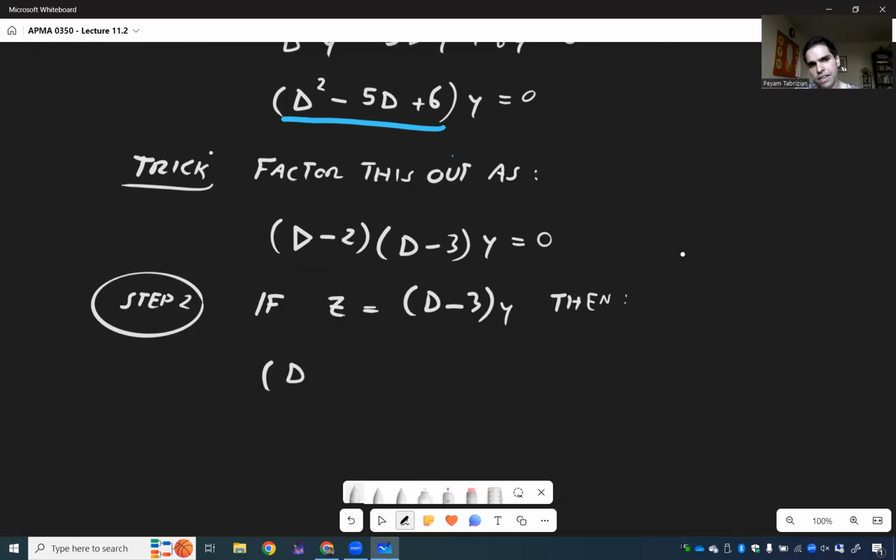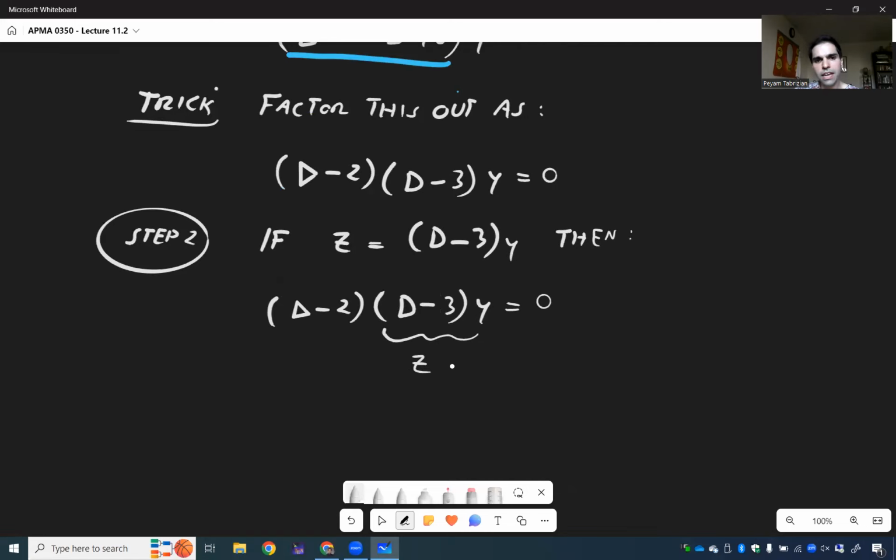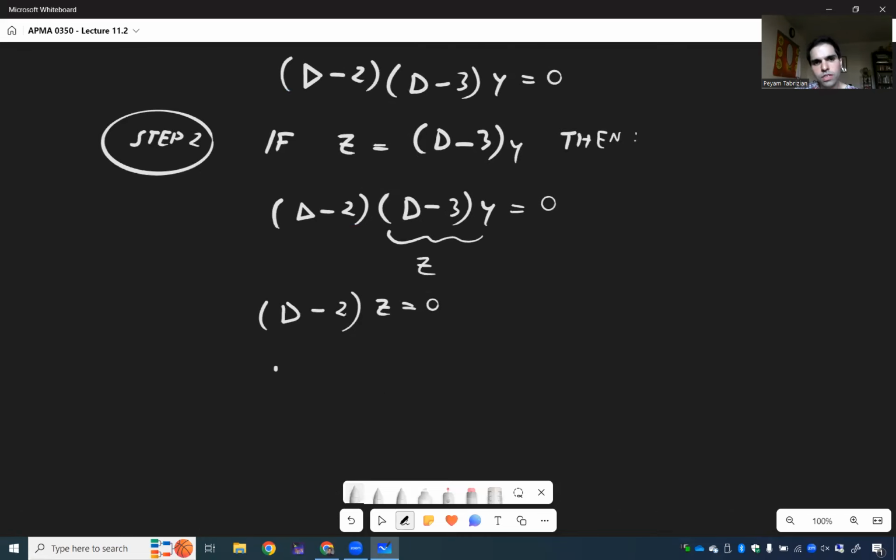We have d minus 2 times d minus 3 applied to y equals 0, that's what we started with, but then that becomes z. So we get d minus 2 applied to z equals 0, which is really dz minus 2z equals 0. I hope you're not too dz today. And that's just z prime minus 2z equals 0.